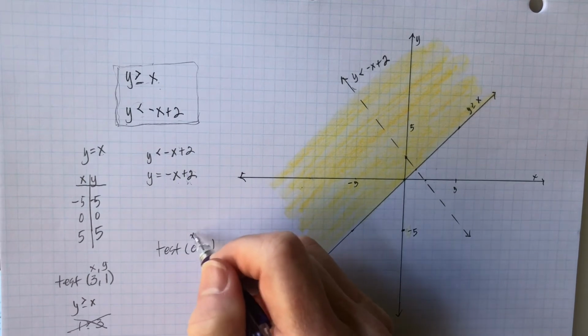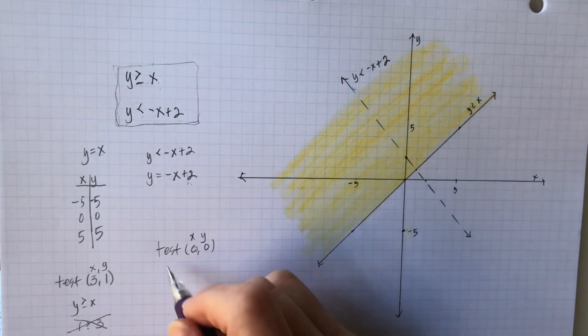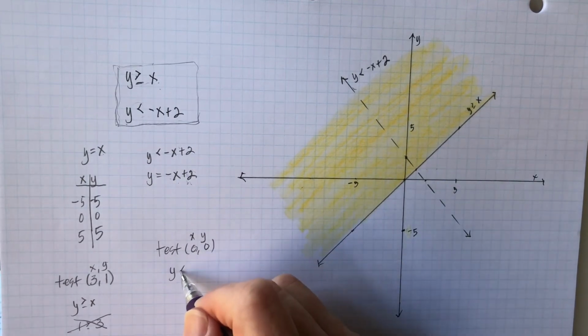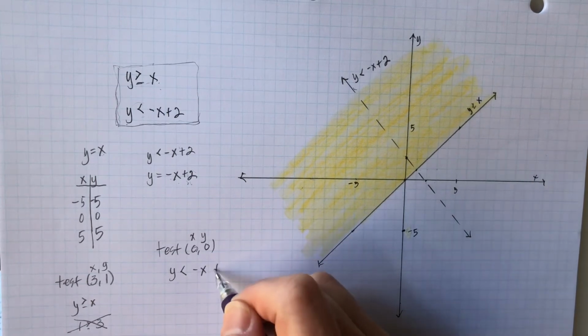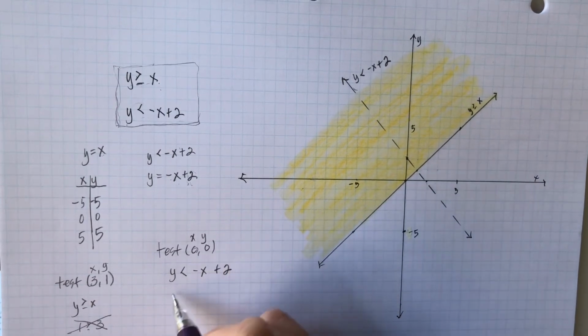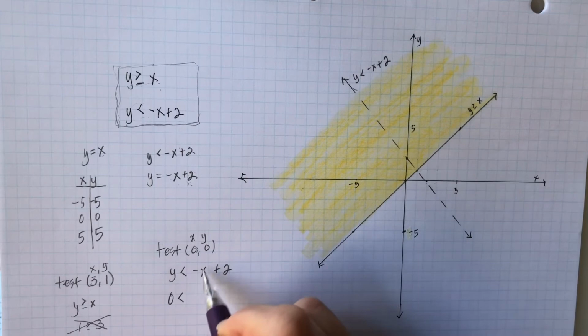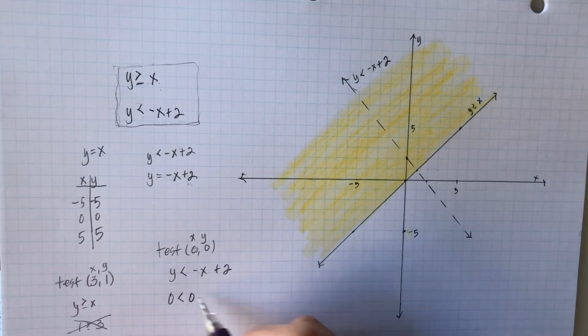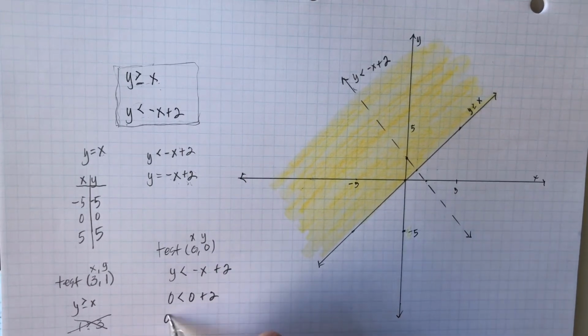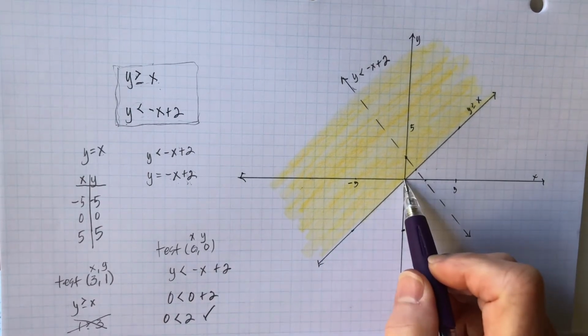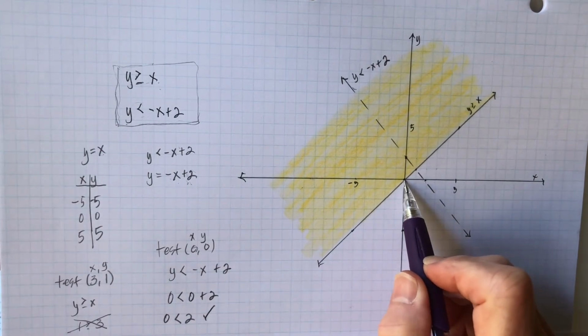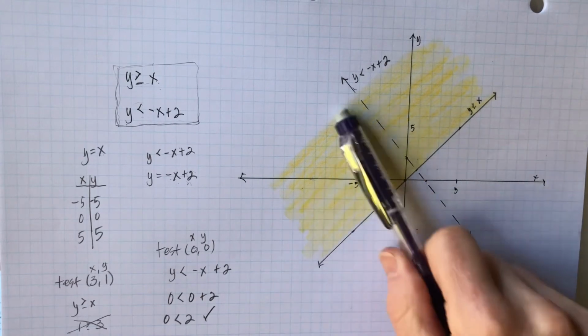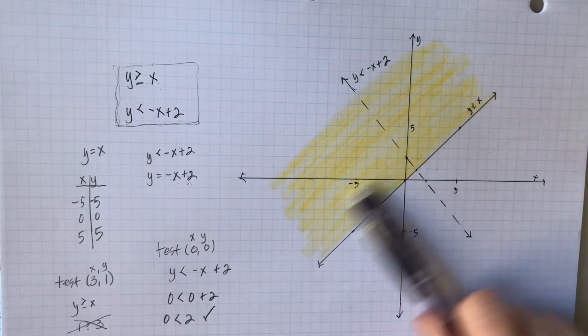Again, that's our x, that's our y. So test 0, 0 for y is less than negative x plus 2. So y is 0, less than negative x, well, negative 0 is just 0, plus 2. Simplify, 0 is less than 2, and that checks. So that 0, 0 point we tested on this side of that dashed line is true.